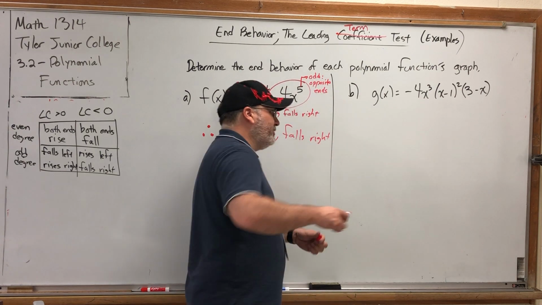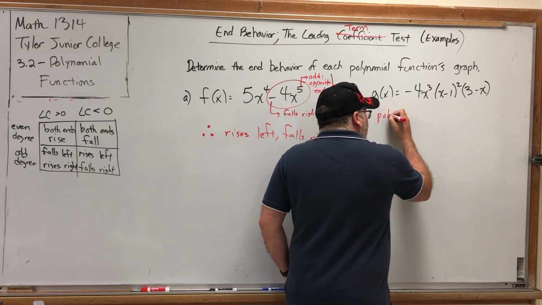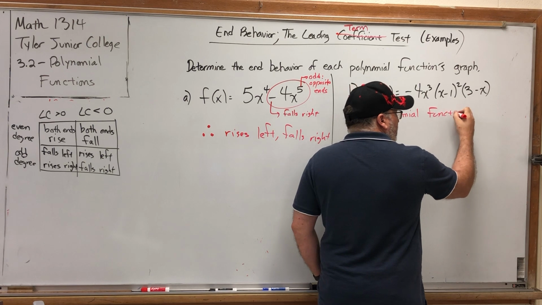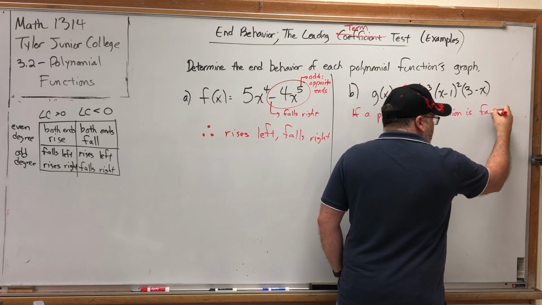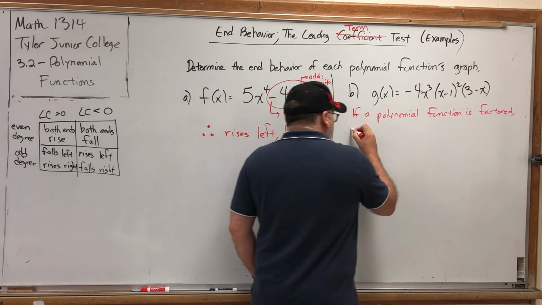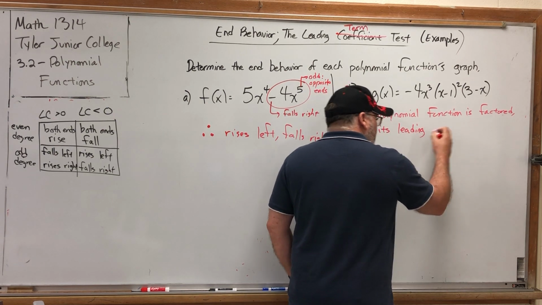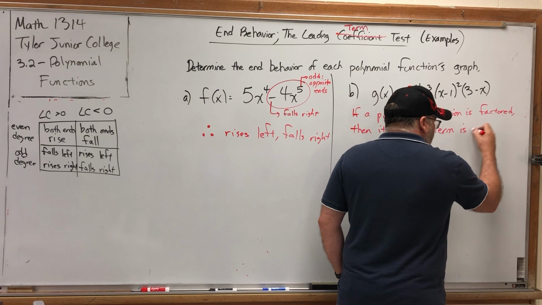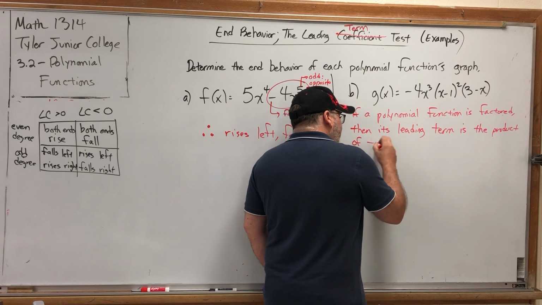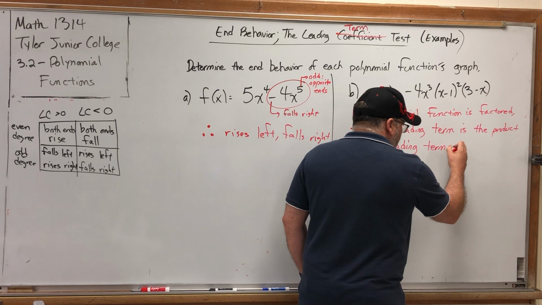I'm going to write a sentence to say what I'm about to do. If a polynomial function is factored, meaning it's a multiplication problem, this one is, then its leading term is the product of the leading terms of each factor.